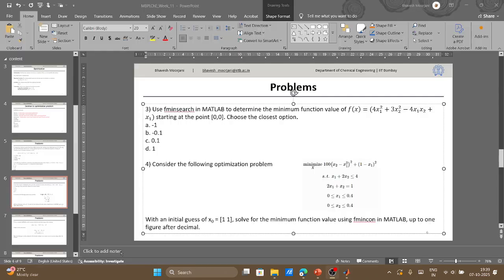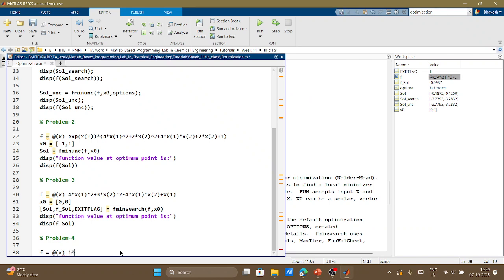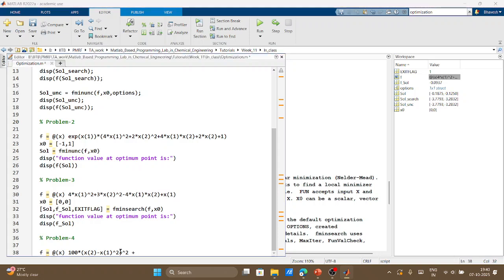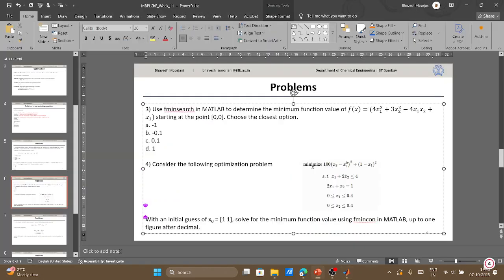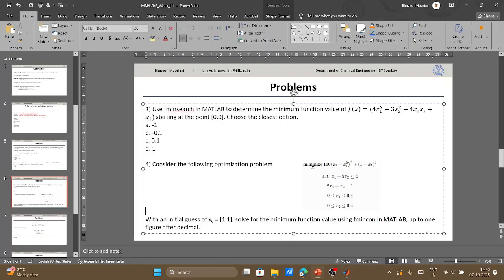My function is 100 times (x2 minus x1 square), this whole square, plus (1 minus x1) square.